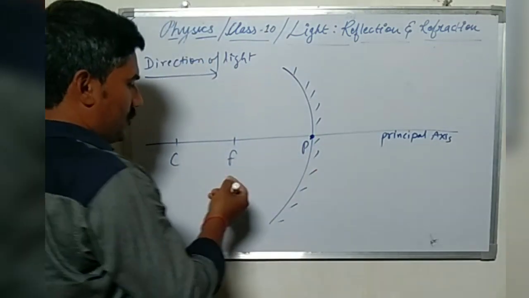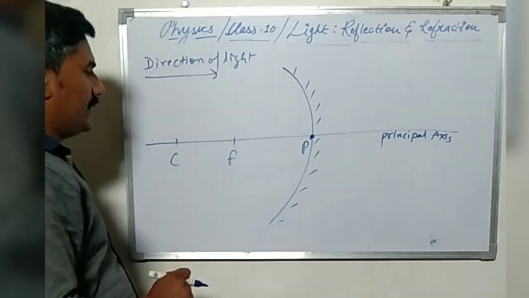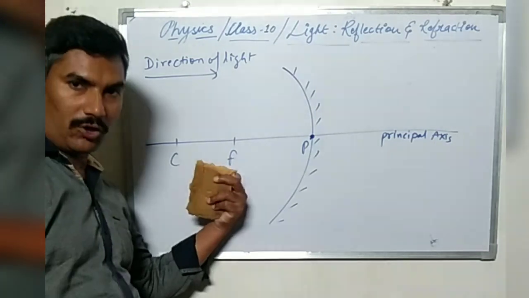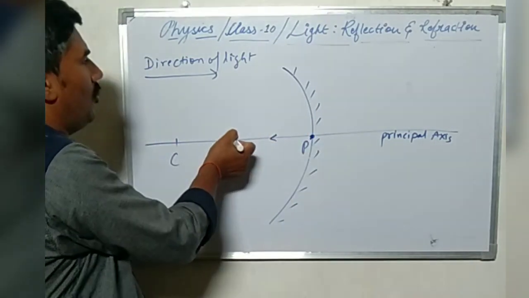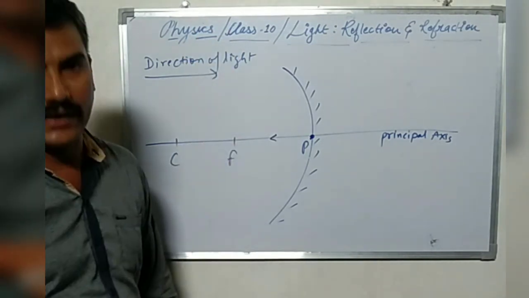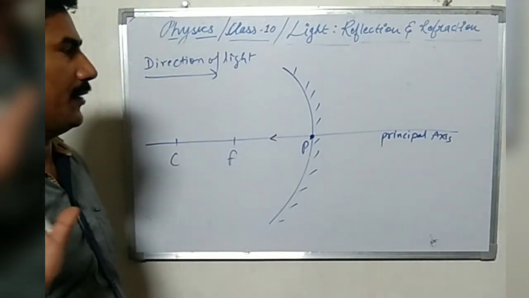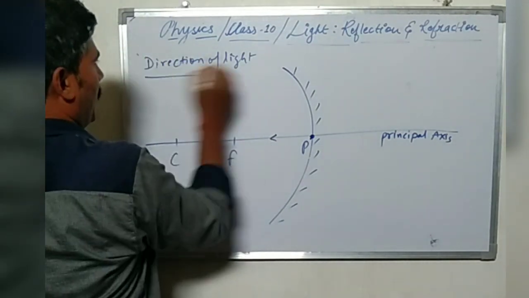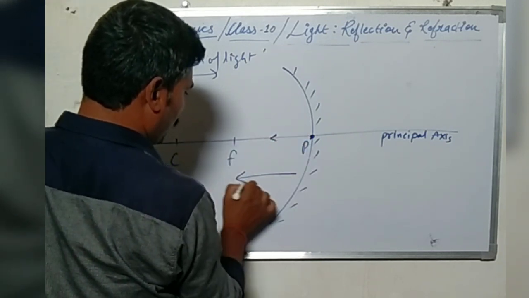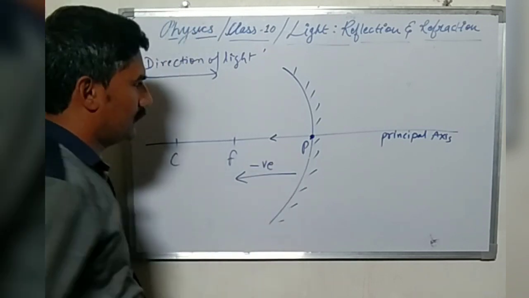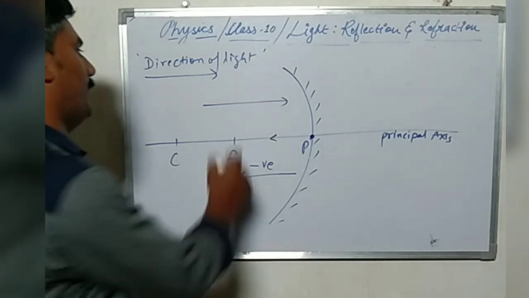So suppose you are here and you want to measure the distance of the principal focus. You are moving opposite to the direction of the incident ray of light, so this PF will be taken as negative. Opposite to the direction is negative, and in the direction of the incident ray of light is positive.